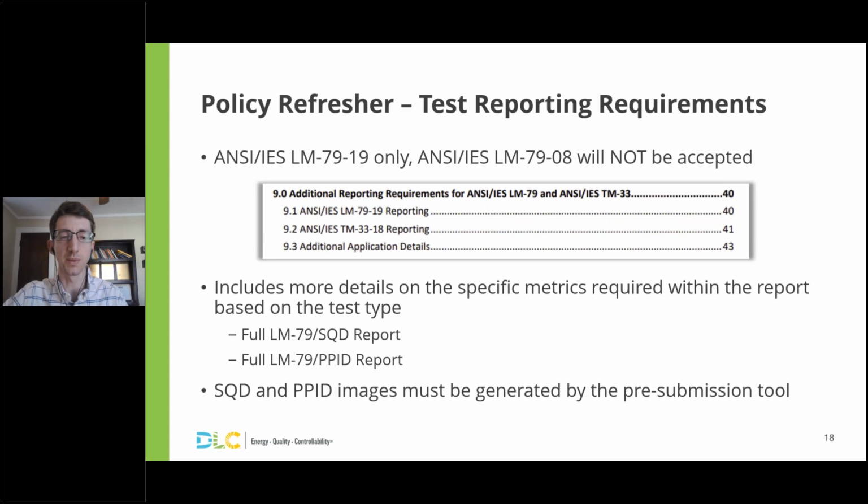If you're submitting an LM-79 SQD report, which is typically done in an integrating sphere, or an LM-79 PPID report, which is done in a goniometer, additionally, the SQD and PPID images that are submitted in the portal today with version 3.0 must be generated by the pre-submission tool, which I'll go through on the next slide.